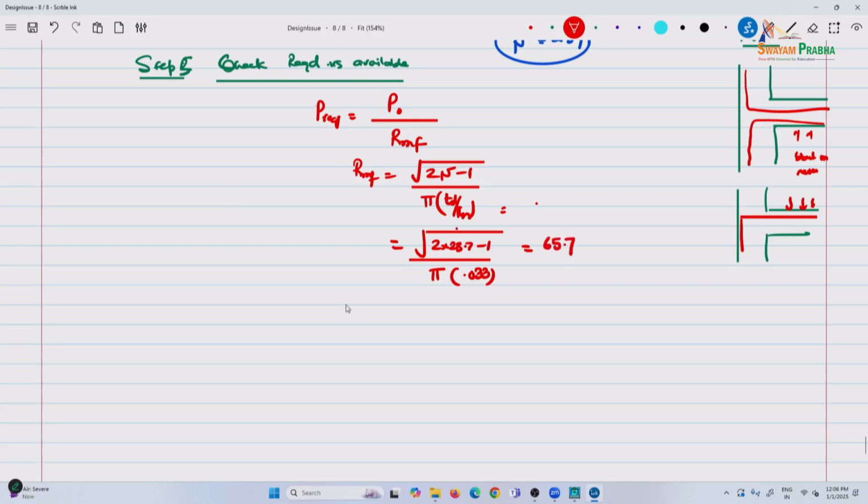Okay, so then the P required is P naught divided by 65.7, and P naught was 87.3. So how much is that? 1.332, and provided is Rn.